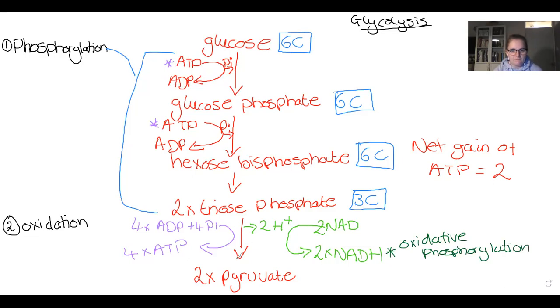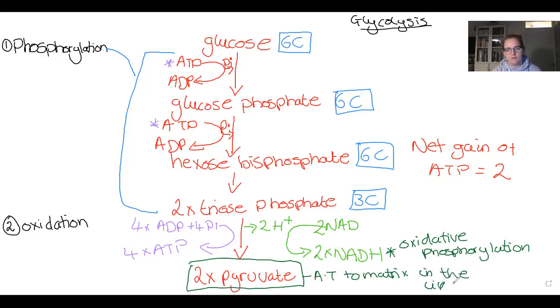And our pyruvate would go via active transport to the matrix of the mitochondria and would be used in the link reaction. So that is what happens to those molecules if we were carrying on with aerobic respiration. And obviously that ATP can then just get used up.